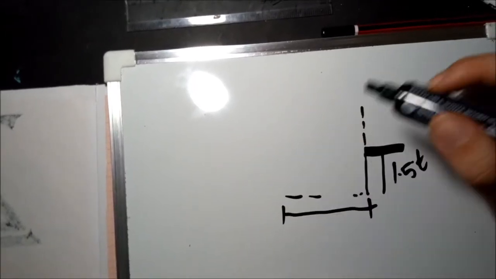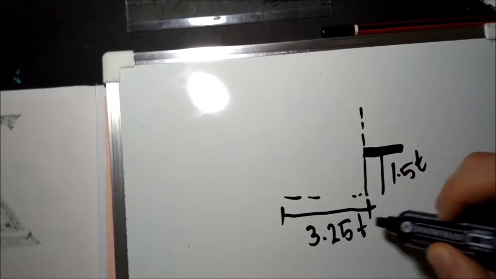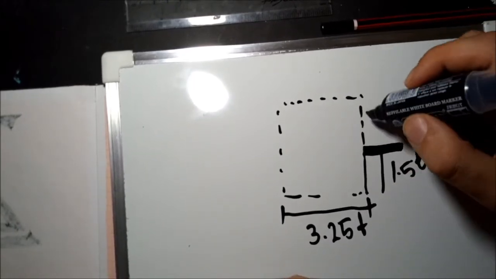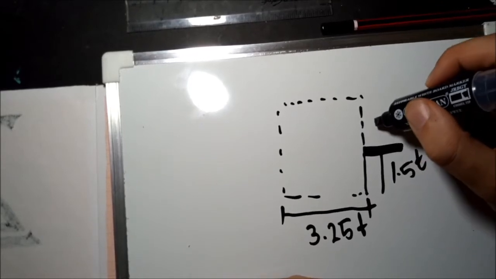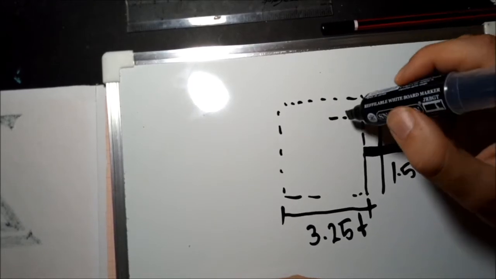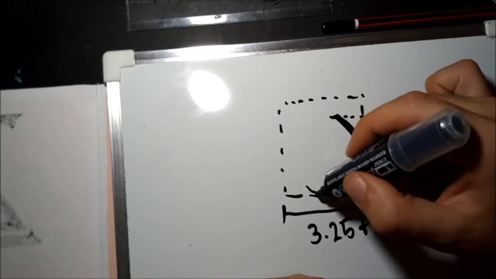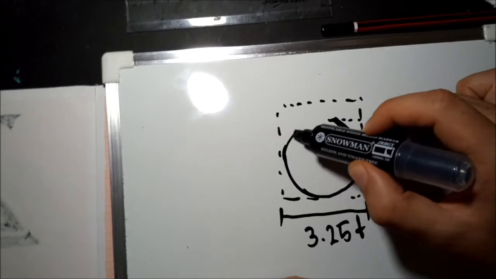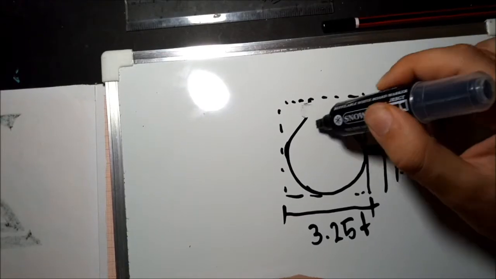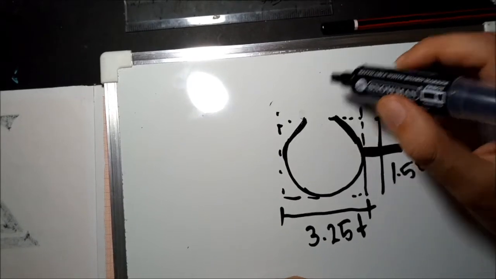The full thickness of the square would be 3.25 T. Just like the ra, we go upwards 1.5 T. We locate this point, we go down like this, we rotate all the way here, and we add this nice, sorry about that, 1.5 right here, delete that, and you've got this shape.